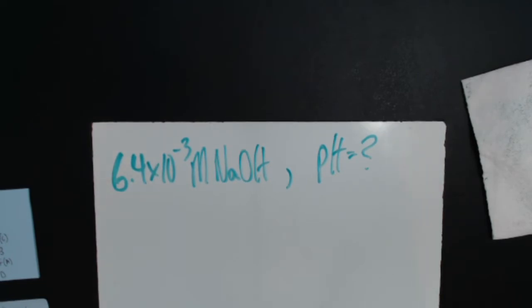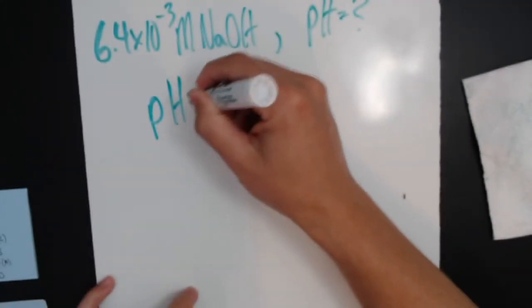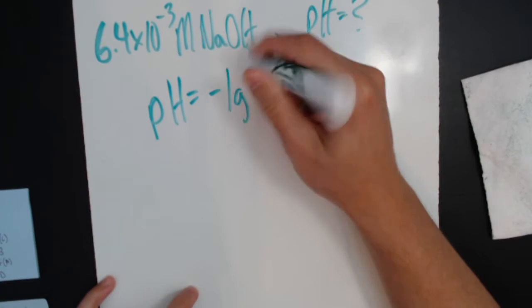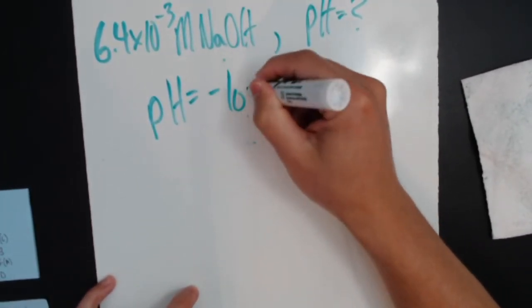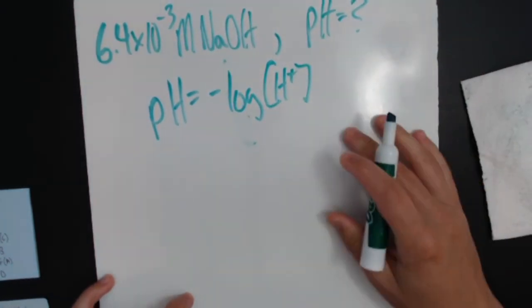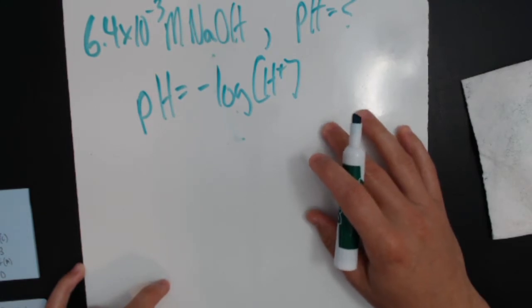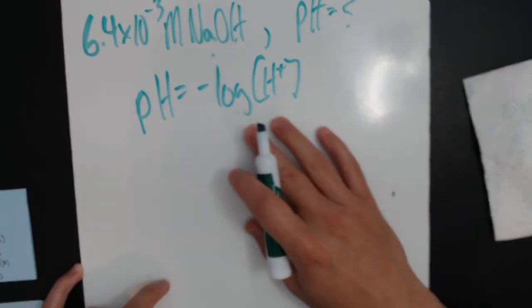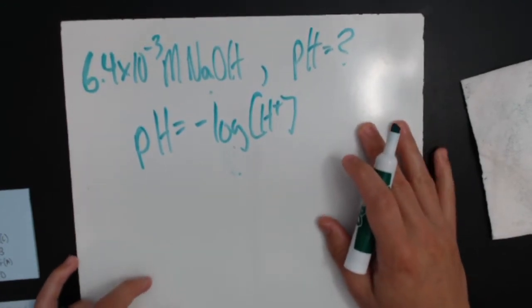People just automatically say, oh, pH, well, we got pH, so we're taking the negative log of something, right? We're solving for pH. Negative log, in this case, you know, it's either H plus or hydronium, or the concentration of an acid. But you have to pay attention to what you're being given.